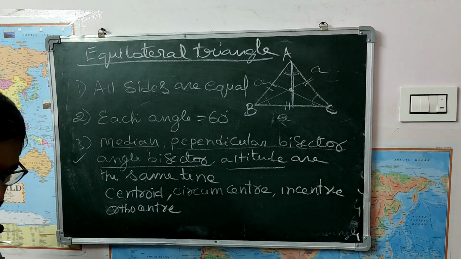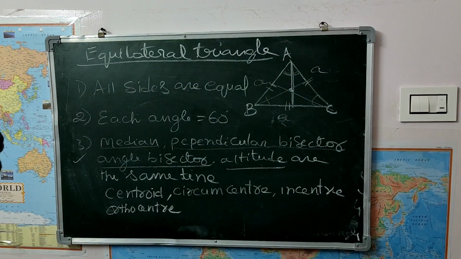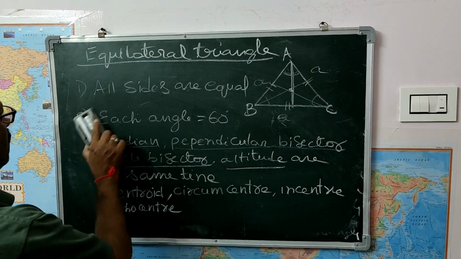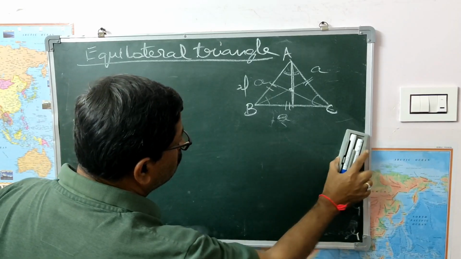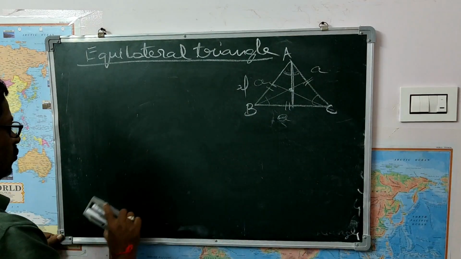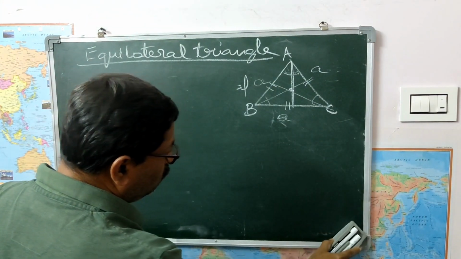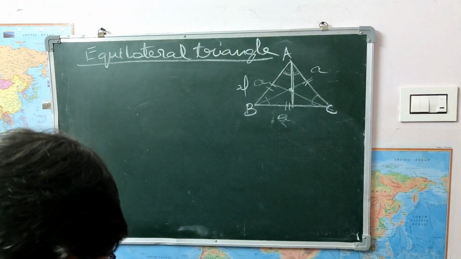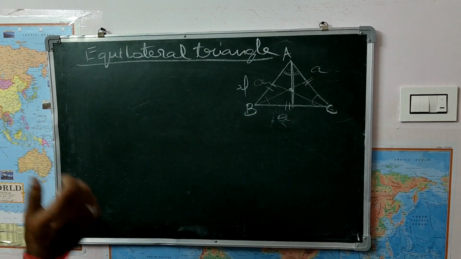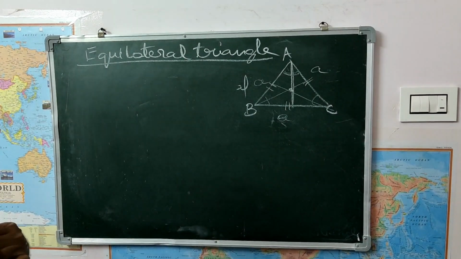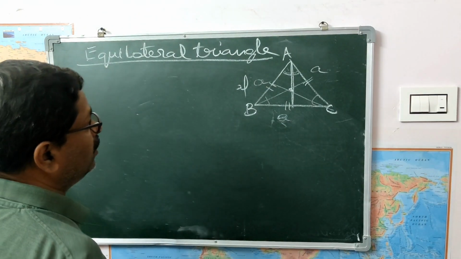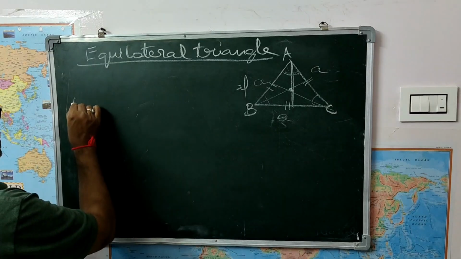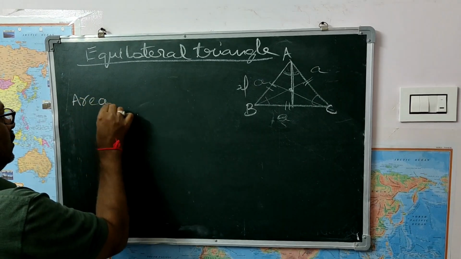And if you still want to know the area of an equilateral triangle, I'll give you that also. For the area you need longer proofs, but I'll give you the results, because doing all that proof takes a lot of time.